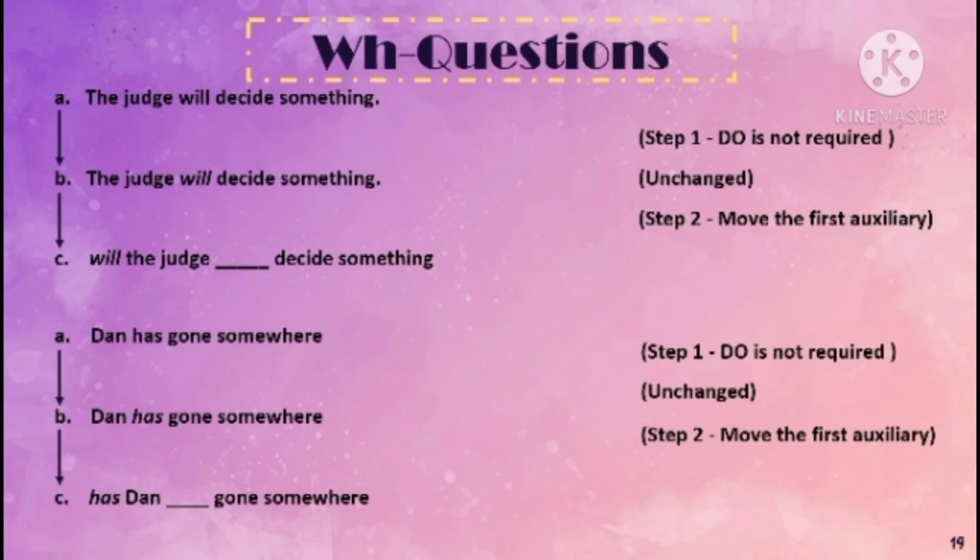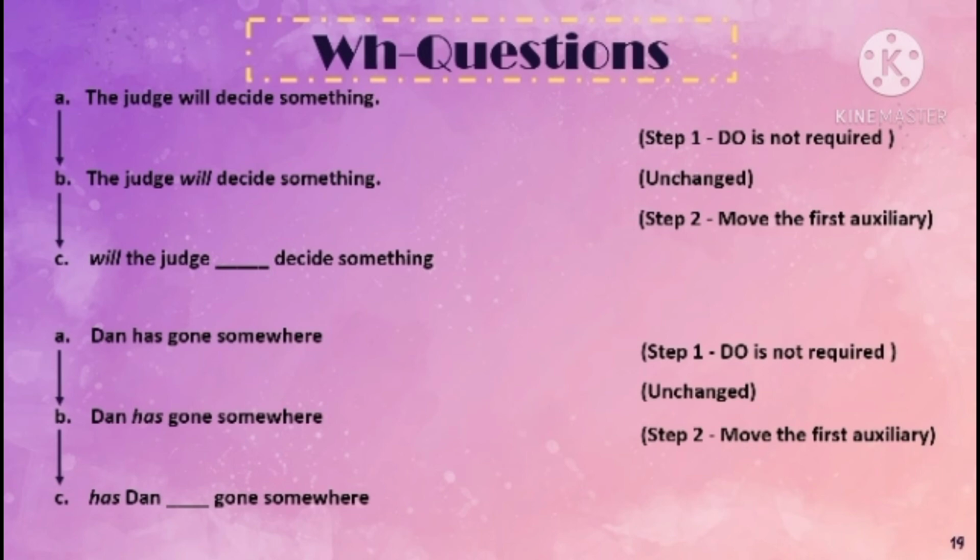Yes, we have that constituent, which is the word something. But we also need to consider that we have an auxiliary, which is the word will. And this makes the first sentence not require the word do. So let's proceed to the next step.